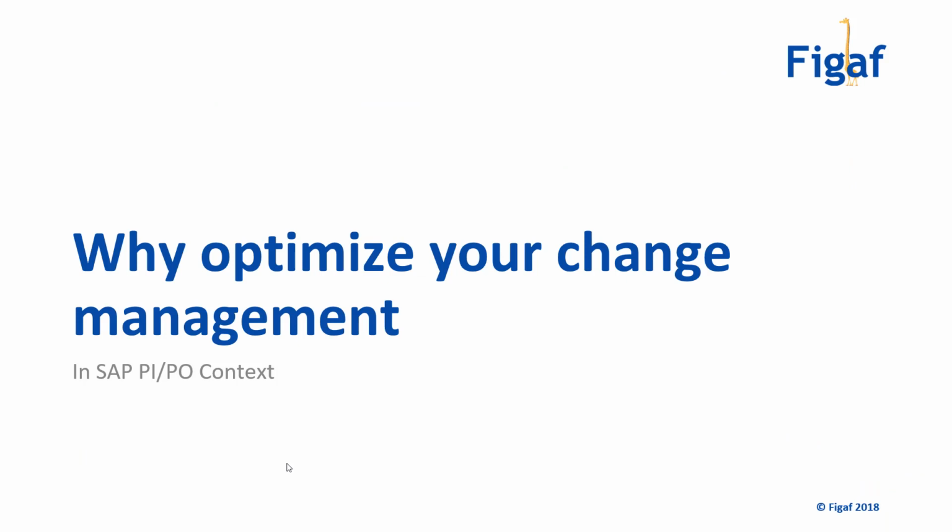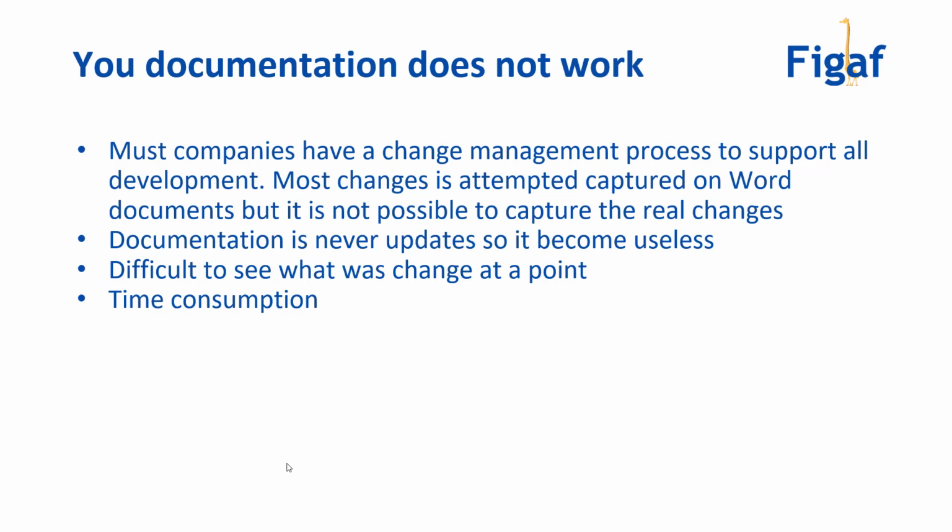So why do you want to optimize this change management process? I guess the way to start is that most normal developers and organizations do documentation in a way that really isn't optimal.